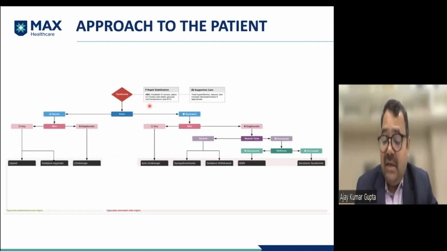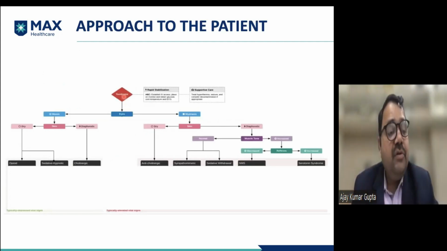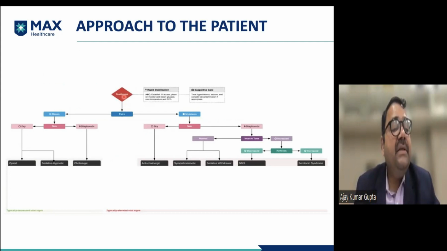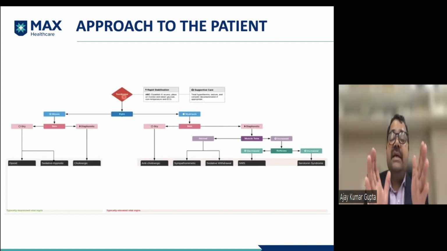So if we just briefly come to our approach to the patient. If the patient comes to the casualty with a toxidrome, first of all, what we have to understand is that all toxidrome patients have a very low morbidity. So the main aim of treatment of such patients is first to stabilize the patient.